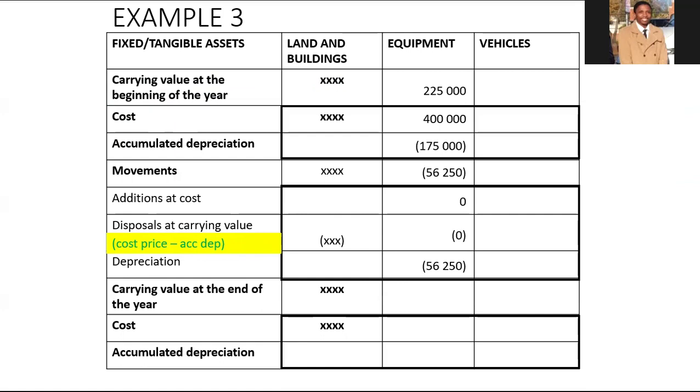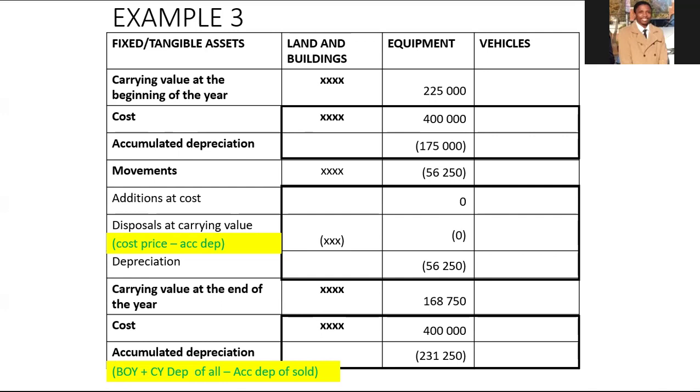Cost at the end will remain the same as 400,000. Accumulated depreciation, though, will be the 175 at the beginning of the year plus current year depreciation of 56,250. Carrying value at the end will be 400,000 minus 231,250, which will be 168,750.